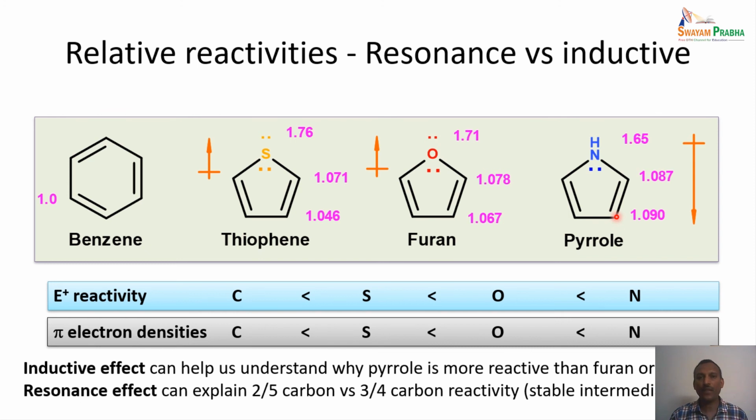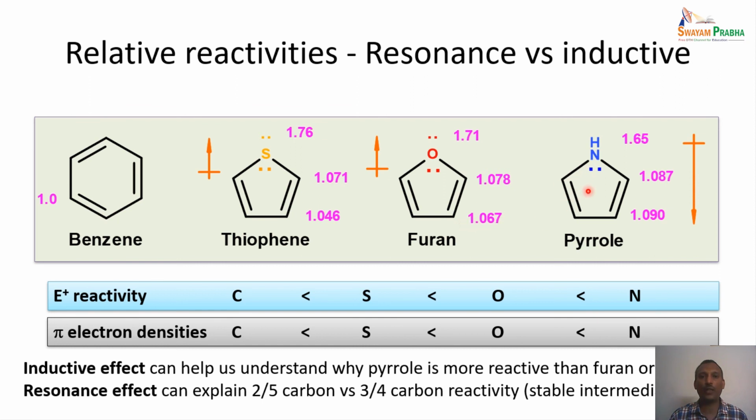But when we observe the product distribution, what we observe is basically on this particular carbon, the electrophilic substitution happens very fast for pyrrole. So how do we explain this? Basically, there are various factors that operate in a particular reaction. So we cannot decide based on a single parameter and say this is how the reaction actually proceeds. So we have to weigh both the effects. Basically the inductive effect and the resonance effect operate simultaneously on that particular reaction.